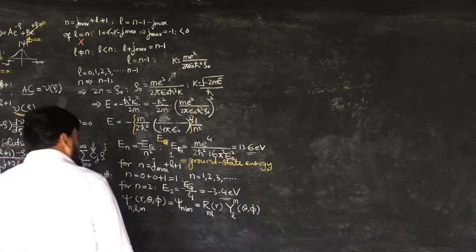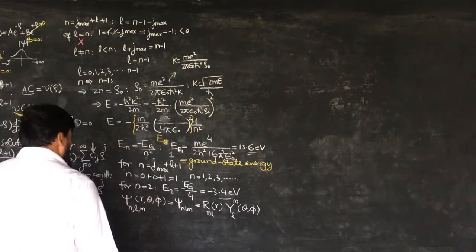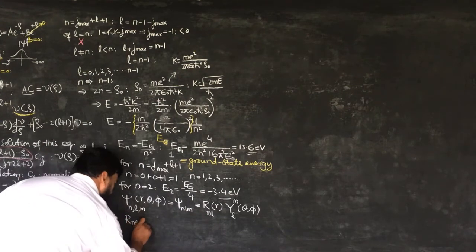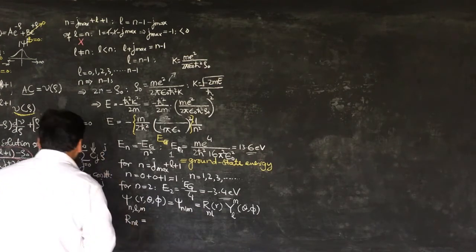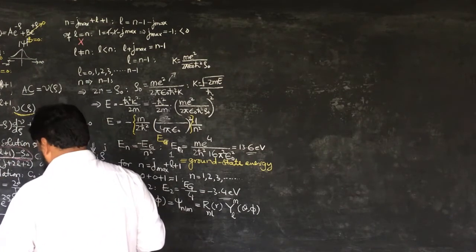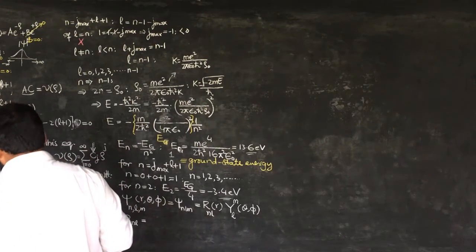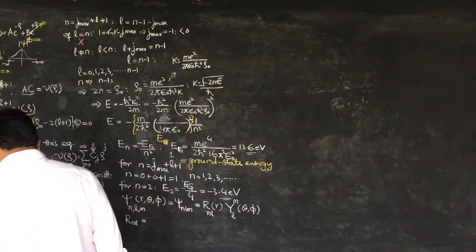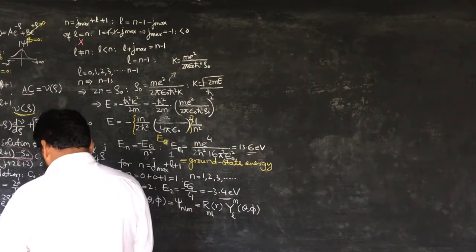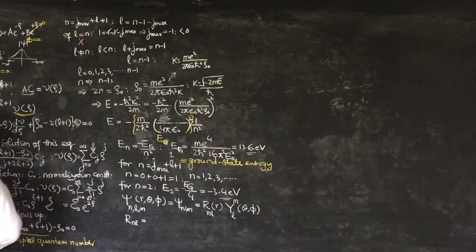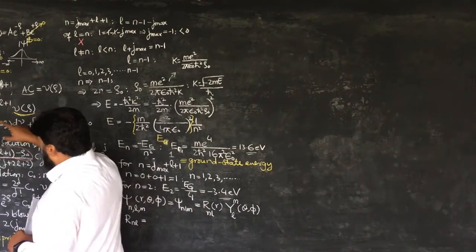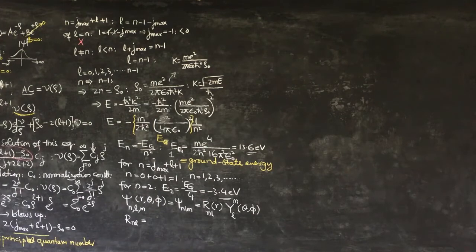Now it's coming back to our R n l, and our R n l is equal to, we have written our solution, and our solution was 1 over rho here. Now here we have written U of rho.